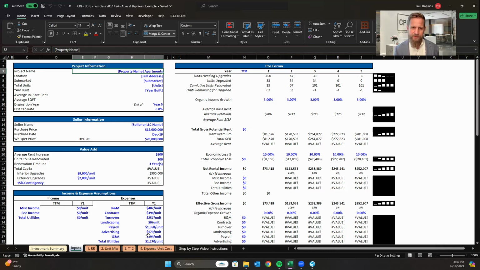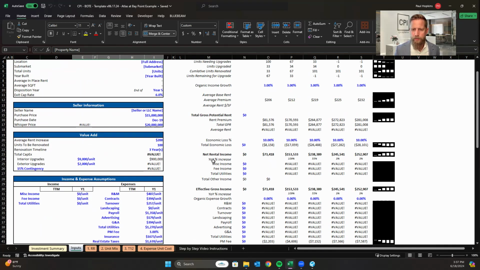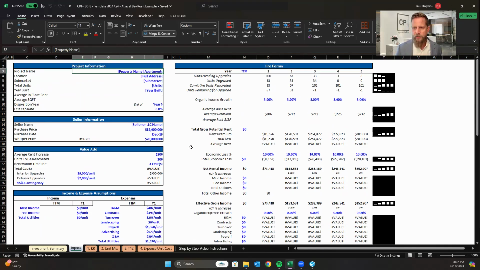I love looking at how this property is performing, and to really understand how this property is performing, and maybe to uncover opportunities, I usually like to dig into the rent roll and the T12. But again, you don't necessarily need to enter that in this tab or this tab. You can fill out everything on this sheet here to get your ultimate valuation.